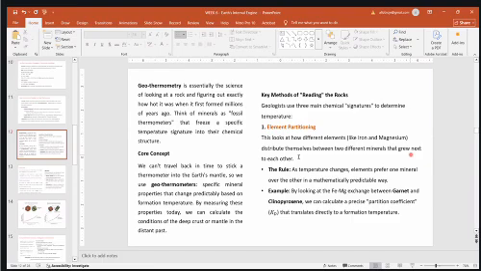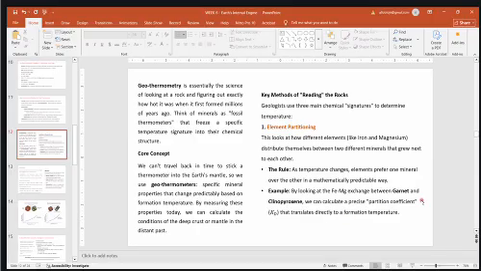The rule is that as temperature changes, elements prefer one mineral over the other in a mathematical, predictable way. Example: by looking at the iron-magnesium exchange between garnet and clinopyroxene, we can calculate the precise partition coefficient, KD, that translates directly to a formation temperature.